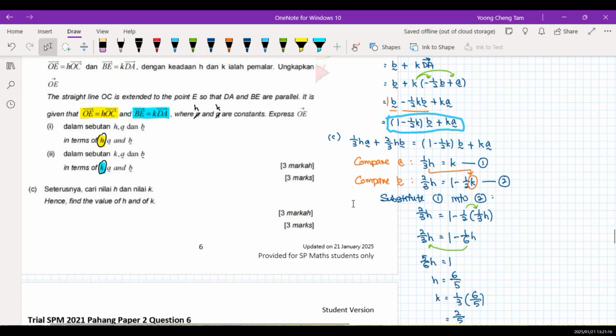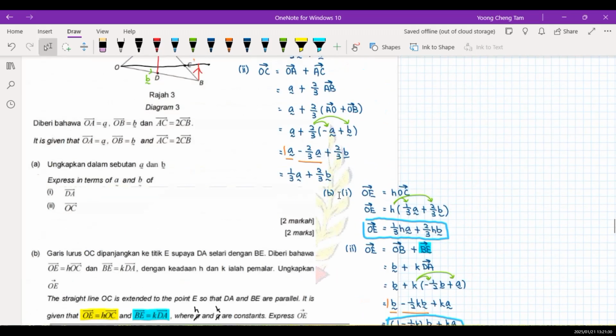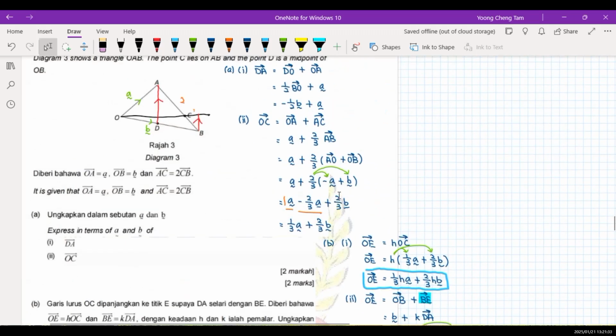This type of question is very important, especially as it will come out in paper 2. One question will be worth from 8 marks to 10 marks. Usually question A will ask you for the normal vector, let's say vector dA is what plus what, OC is what plus what.